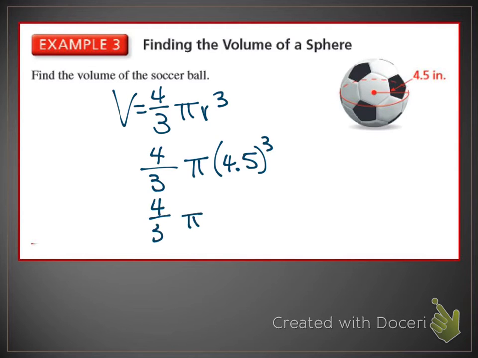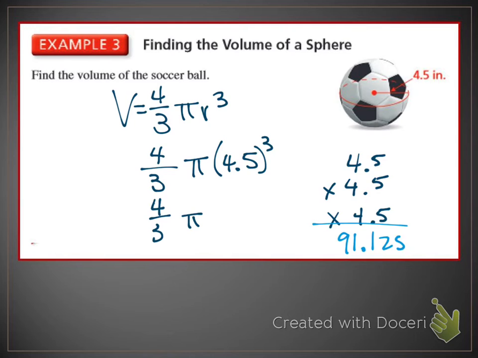So what is 4.5 times 4.5 times 4.5? 91.125. So 91.125. All right, so now you just type all of it in your calculator. Again, if you have a 4-function, you just type in 1.3333 times pi times 91.125.